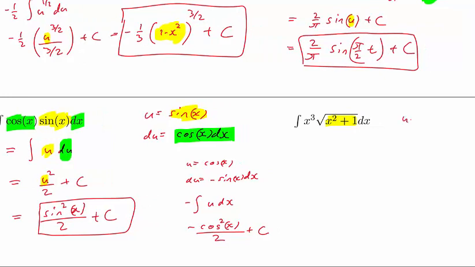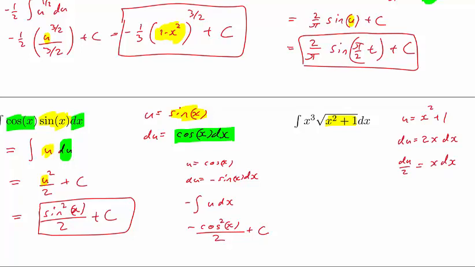All right, so note we're saying u equals x squared plus 1. And so du equals 2x dx. And let's go ahead and bring that 2 over, so we have a nice clean x dx over here.